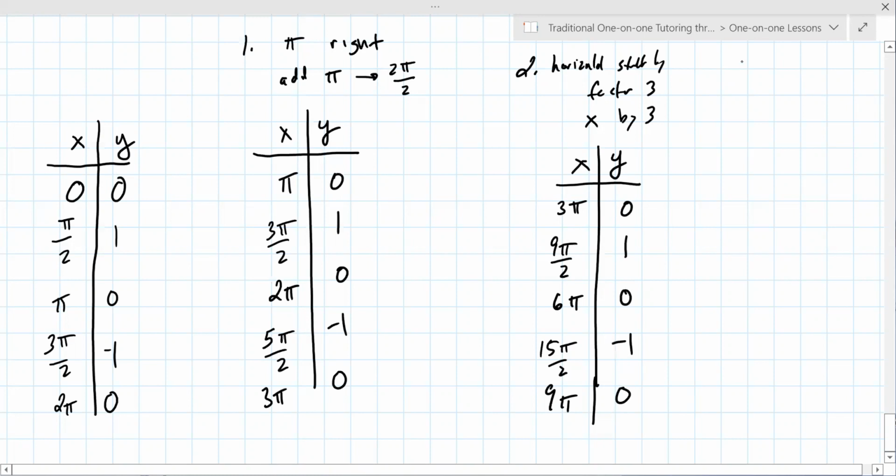Now we have to do the third shift, and the order matters. You've probably heard me say in the past that the order matters, and you're like, it doesn't matter. Finally we get to a problem where it matters. The 2 on the outside affects the y. So the y gets multiplied by 2. When you're only affecting the y, the x values stay the same.